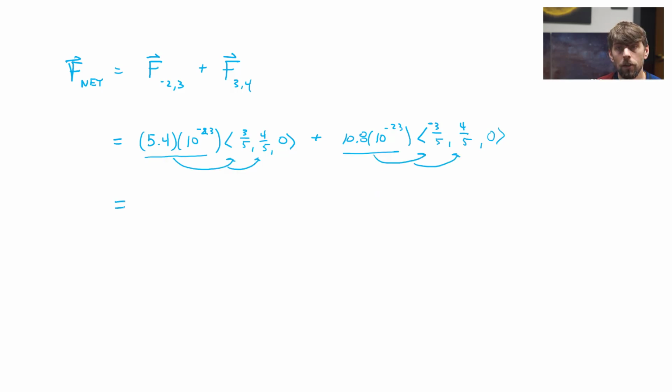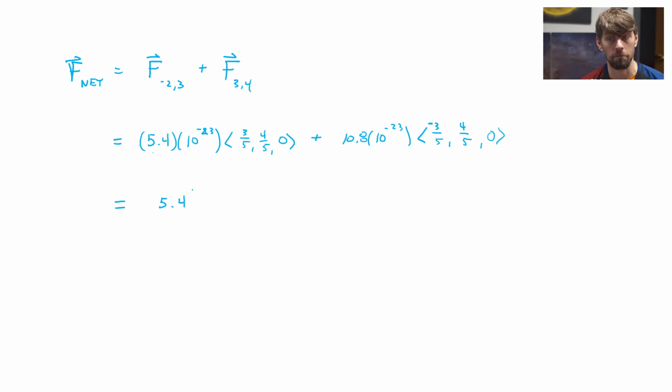Okay. So let's go ahead and add by components. And you notice we have a common factor of 3/5 and 10 to the negative 23rd. So if I add the x components of these, I get 5.4, I have 10 to the negative 23rd, and notice again, there's that negative sign. So I should be careful there. I emphasize negative signs because I tend to drop them.